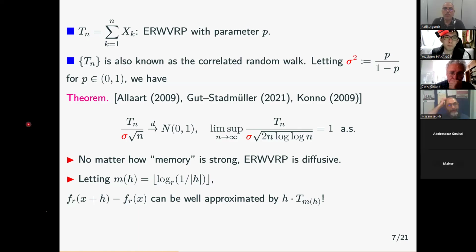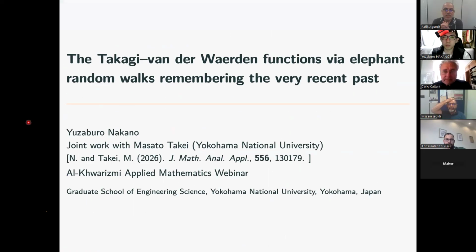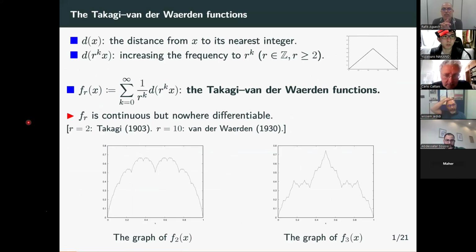I have maybe a naive question. Can you please go to the first slide, maybe, or second, number 2? Yes, okay. Fr of x is a kind of R-adic decomposition of x. You take a number and you decompose it in the basis R. And you have unicity of the decomposition, no? We are in this setting, no?